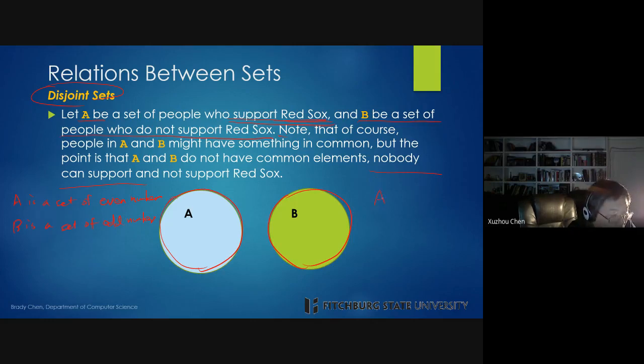Like A is a set of all positive numbers, B is a set of all negative numbers. These two are also disjoint sets. So you can always find many examples that are disjoint. Any questions?